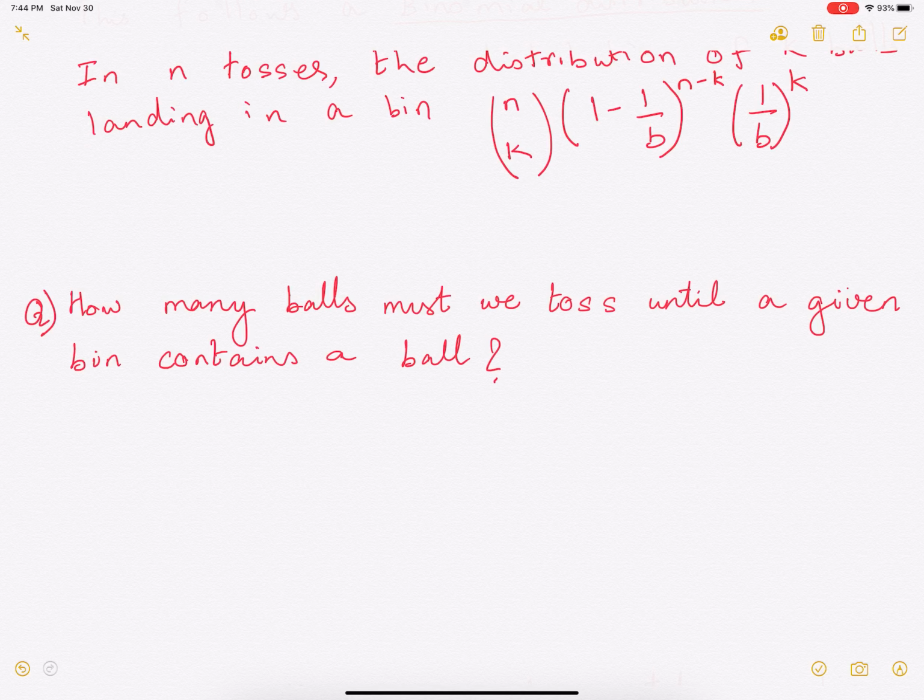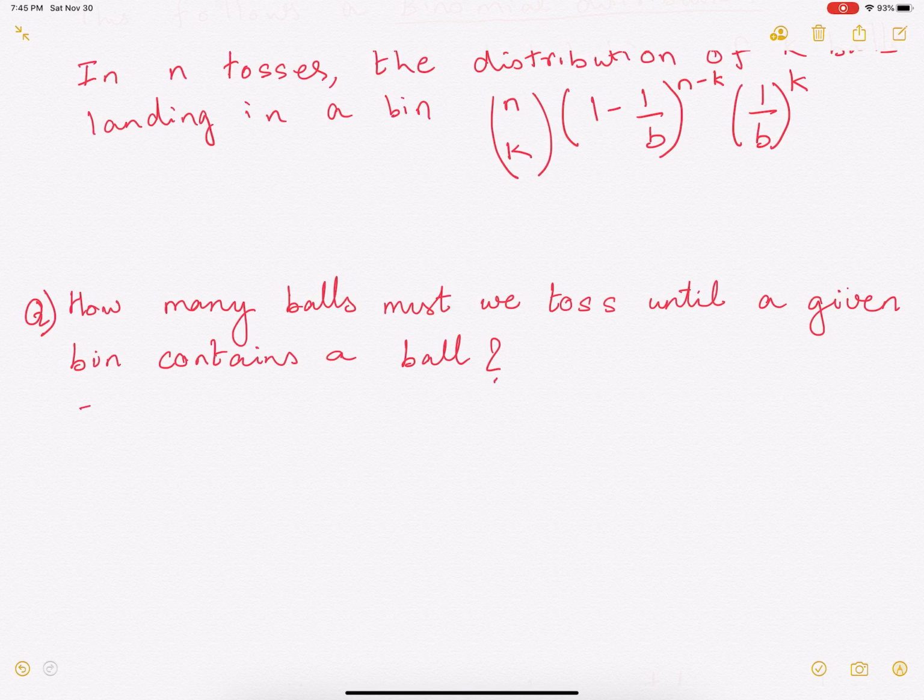You toss the second ball, it lands in some other bin. Toss the third ball, it say lands in bin 5, the bin that you're interested in. Now, next time you repeat this experiment, maybe you take 5 tosses till it lands in your bin 5. The next time you repeat, maybe the second attempt itself, the ball lands in bin 5. So the question is, how do you find this distribution?